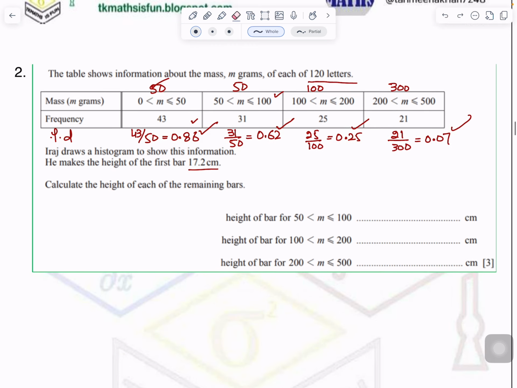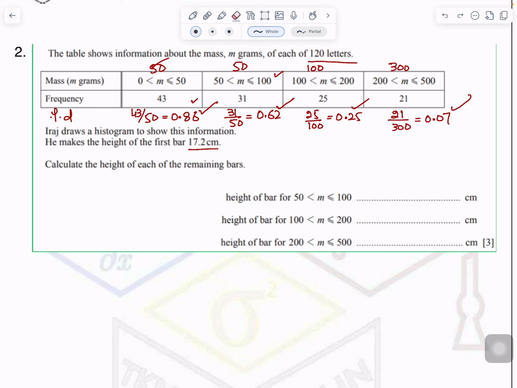So how will you do this? Look at the first one. Actually it was coming 0.86, but Iraj has drawn the height up to 17.2. It means 0.86 is equivalent to 17.2 centimeters. So similarly, if I have to find out for 0.62, what height will it have?